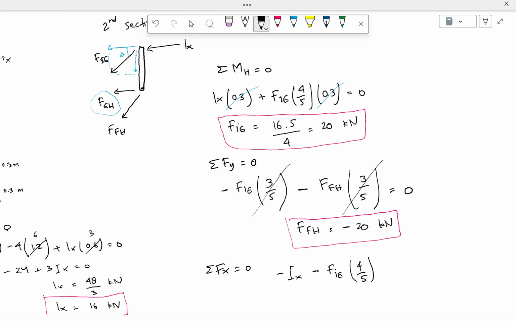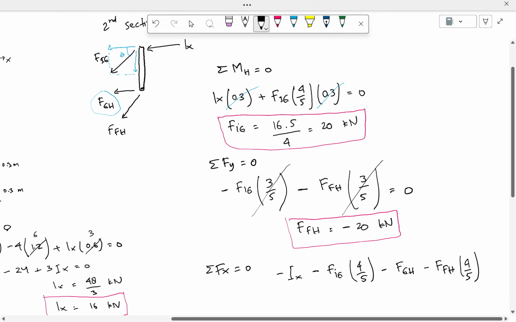I have FGH, right? Minus FGH, the one that we are looking for. And then I have FFH, FFH cos theta, which is the same thing, 4 over 5. And then they're all equal 0.